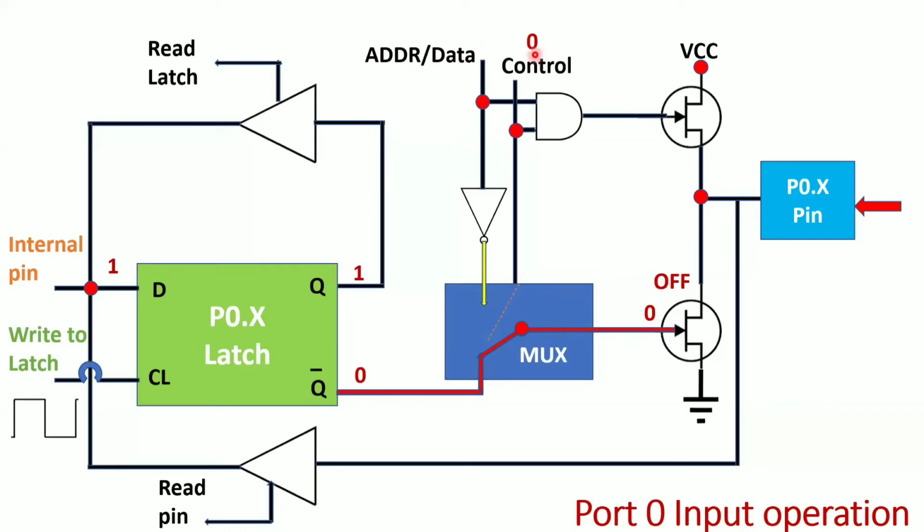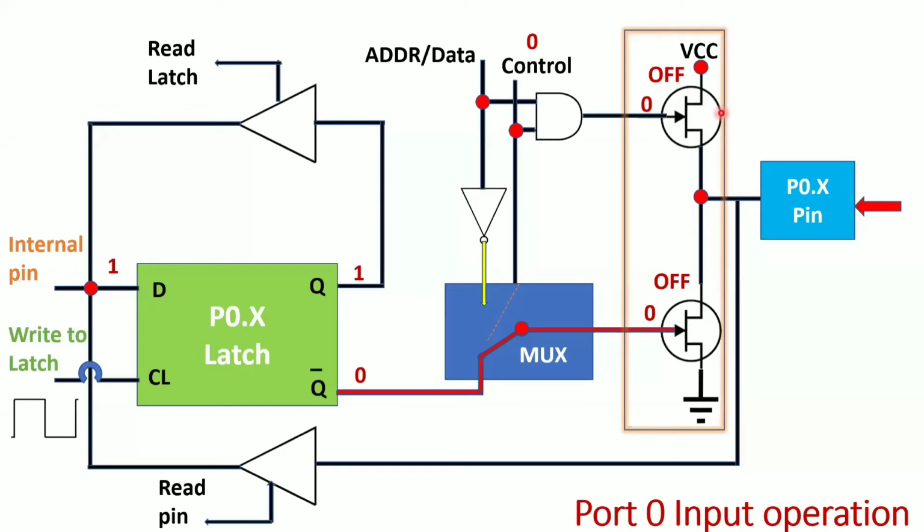Remember this. Whenever the control signal is 0, whatever the other value of your AND gate, obviously the output will be 0. Whenever this is 0, what will happen to this transistor? Off. That means here the transistor is off and this transistor is off. What will happen at this particular point? This particular point will be in a floating state.